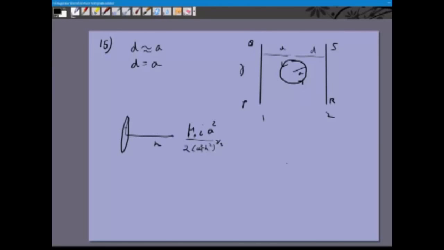This is a standard result, I won't derive it, and it depends on the direction of the current in the loop. If the fingers of the right hand curl like this, then the field will go towards this side. It's along the axis, that is the important thing. This is the B loop.